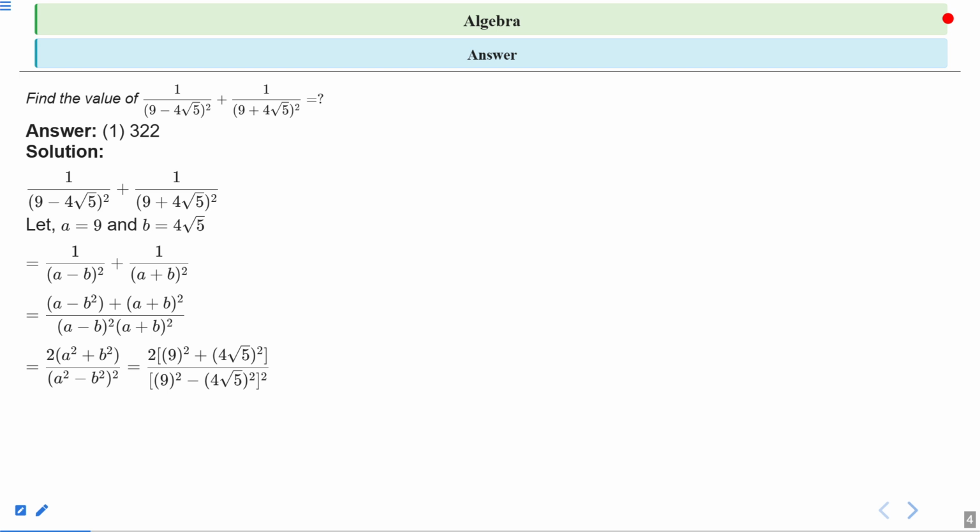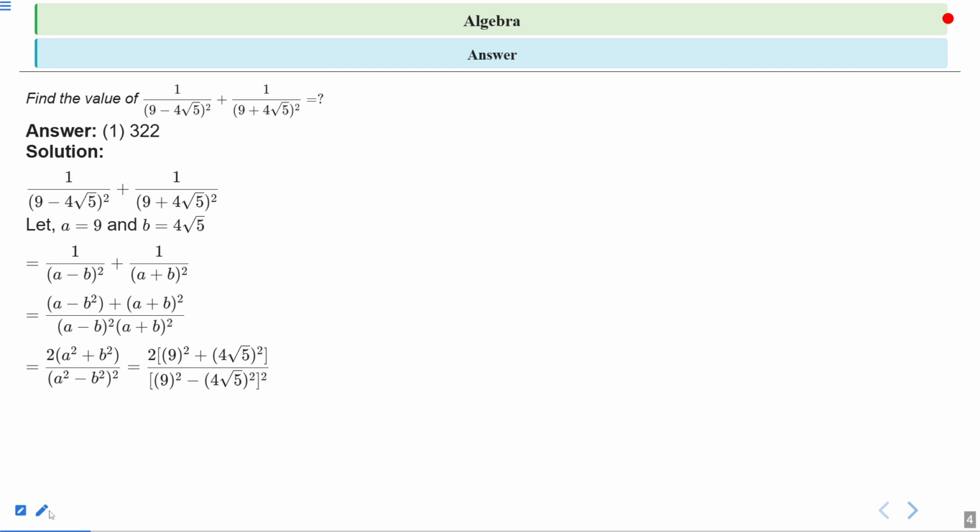Now we just put the values of a and b. We let a equal 9 and b equal 4 root 5. Simplifying, we get 2 times (a square plus b square) upon (a square minus b square) whole square.